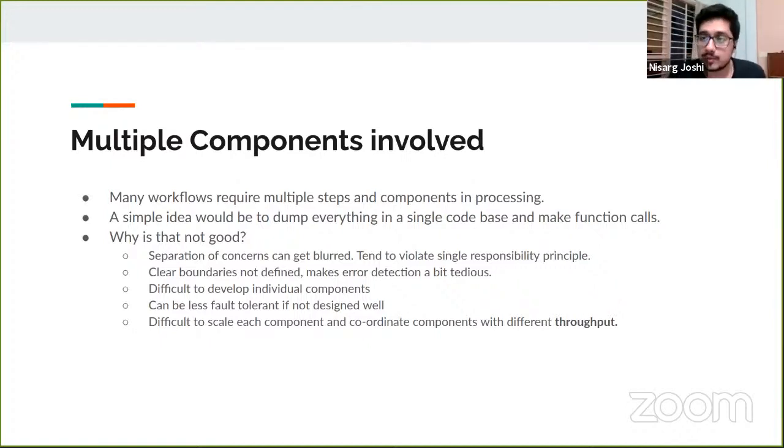There are a lot of problems with this kind of a model. The first biggest problem is separation of concerns. This is an important idea in software development where you want to write modules that do one and only one thing, and they do it perfectly. That's sometimes called the single responsibility principle, and you want to separate out your modules into doing one thing and one thing alone. Why is that good? For obvious reasons.